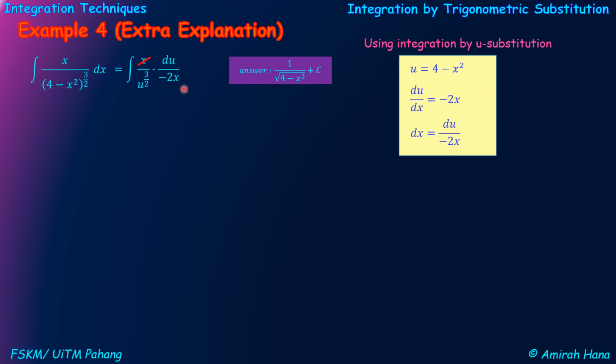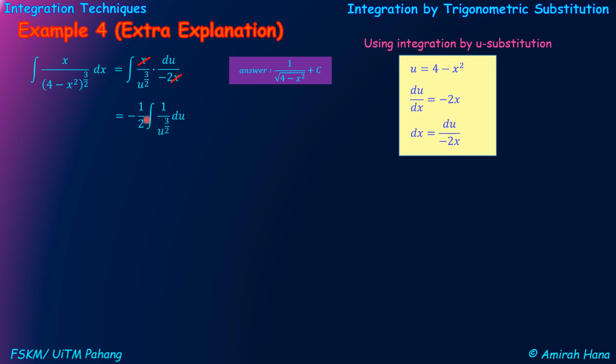Alright, after that, we can simplify the x in the numerator and the x in the denominator. At the same time, we can move the constant negative half out of the integration sign. So we have 1 over u to the power of 3 over 2 du.